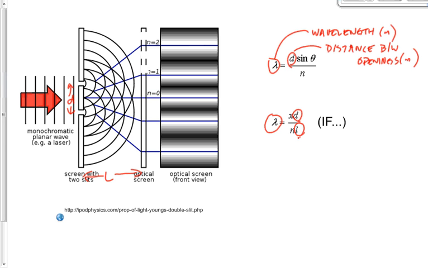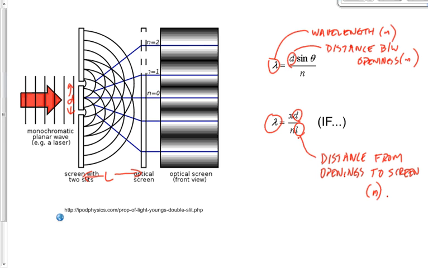The capital L, lowercase l, it doesn't really matter what you call it. In the end, it's the distance from the openings, from the slits, to the screen. And that's going to be measured in meters.